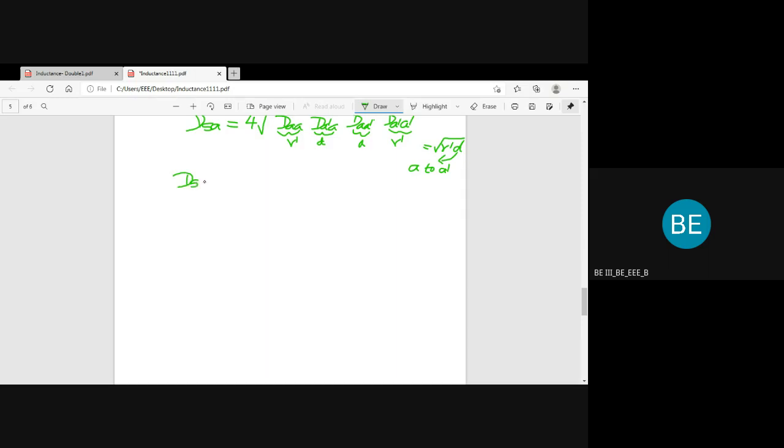Right? So or another formula we can write dSA will be equal to root of R dash D. So here D will be distance between conductor A to A dash. Right. So because of bundle conductor, we cannot straight away substitute R dash here.